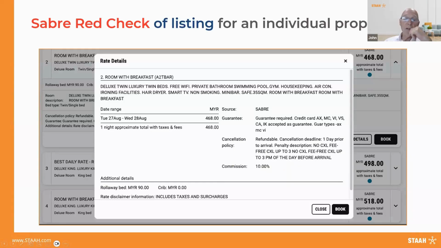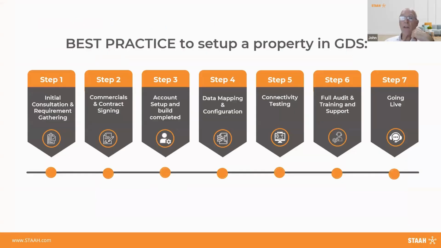All that information we can share with you when you're listed on GDS, and our obsession is to make sure that we follow what we call best practice to set a property up in GDS.